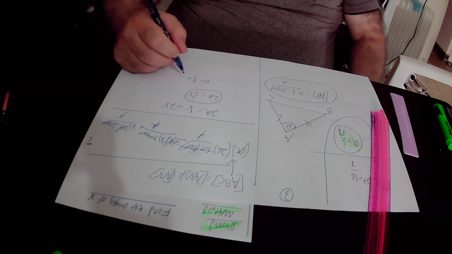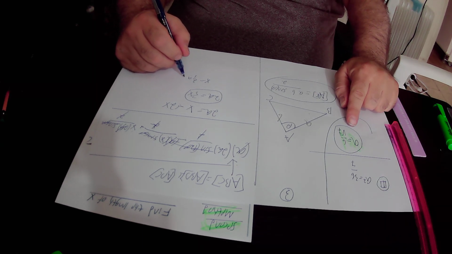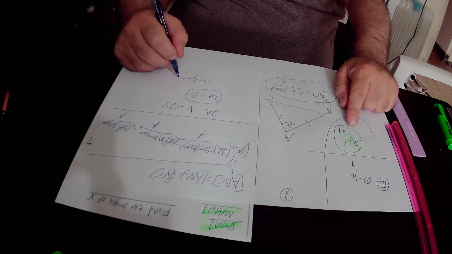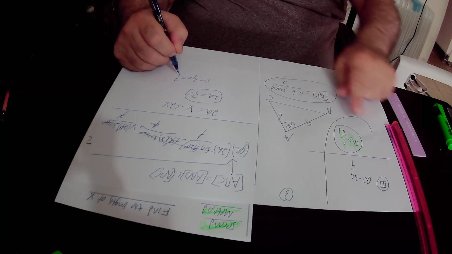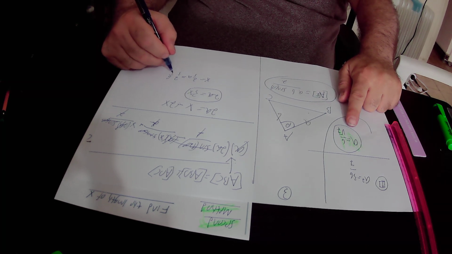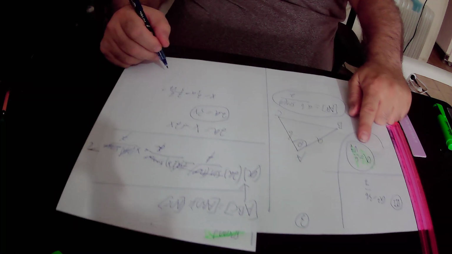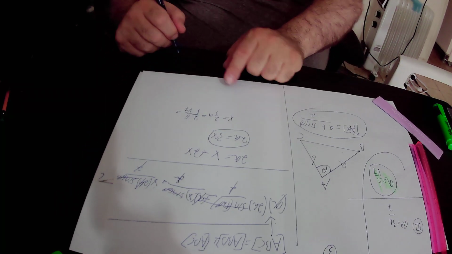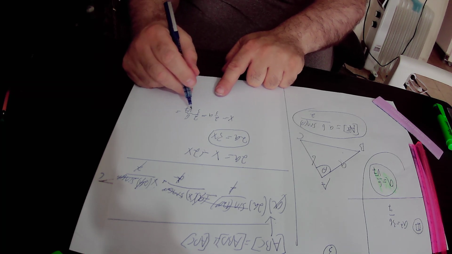And we already found out that A equals 6 over square root of 7 units. So we substitute A in this equation by 6 over square root of 7 units. And we get here that 6 over 3 is 2.